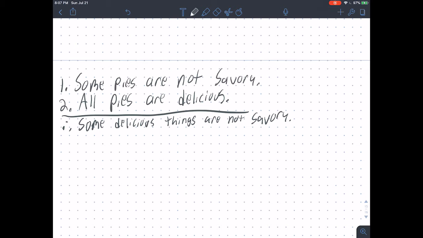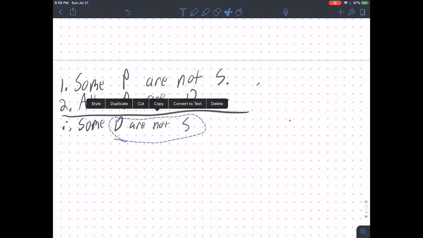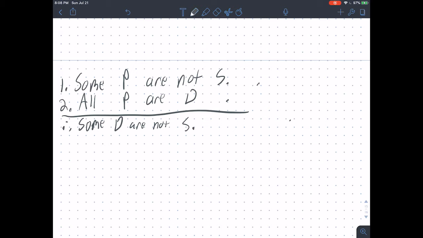Some P are not S. Then all P are G. And then some D are not S. And this is just to help us see a little more clearly what the sentence form is.